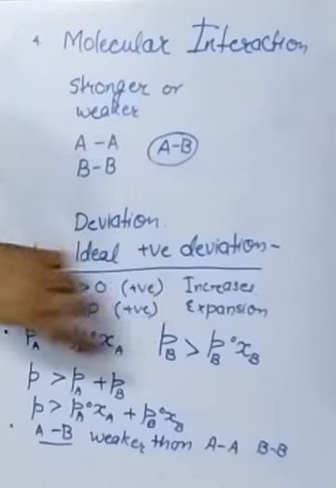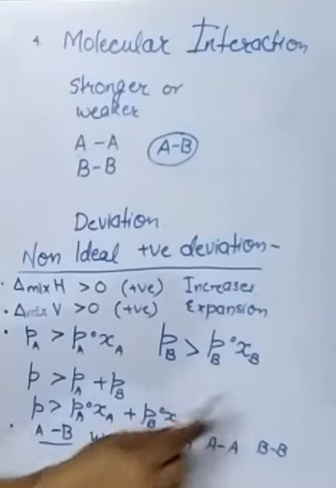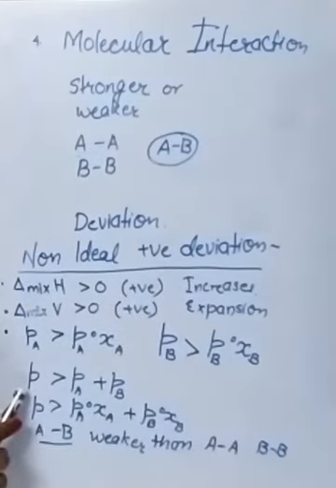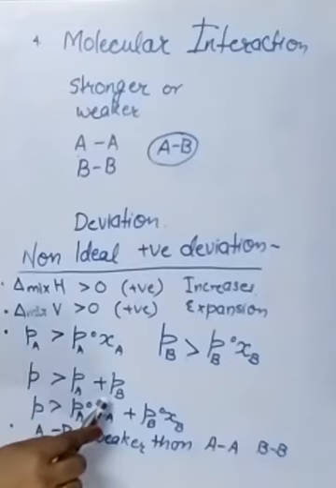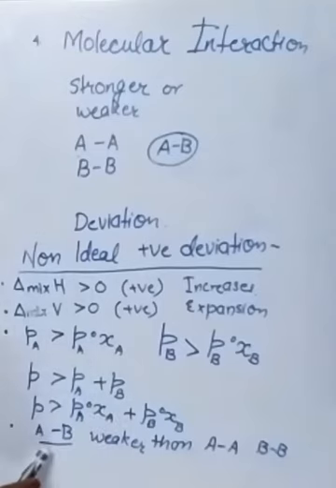Pb will be more than Pb naught Xb. Similarly, the total pressure of the solution will be more than the sum of the partial pressures of the two components. Also the newly formed molecular interactions are weaker than the earlier existing interactions between solvent-solvent and solute-solute particles. So they show positive deviation. We'll find the vapor pressure of the solution is greater than what is expected.